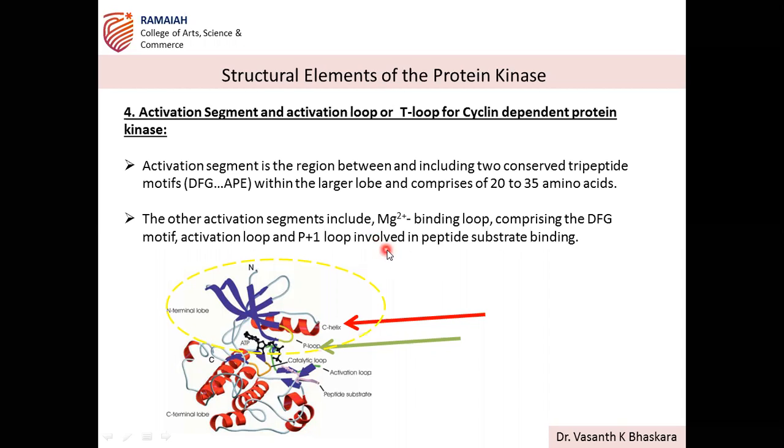So these are the different regions within the activation loop or T loop: about 20 to 35 amino acids containing the conserved tripeptide motifs known as the DFG-APE motif, the Mg2+ binding loop containing the DFG motif, and the P plus 1 loop, which is involved in peptide substrate binding.